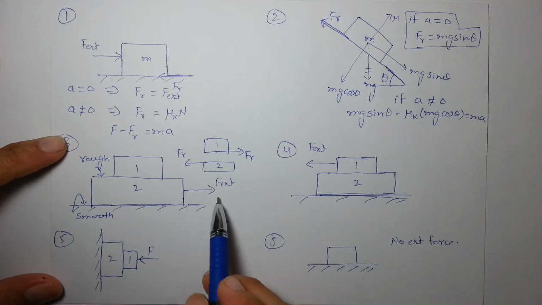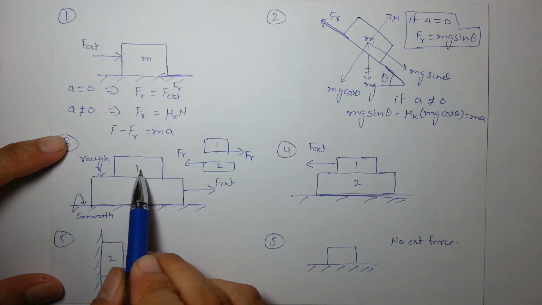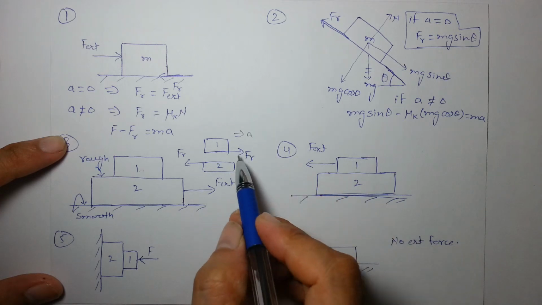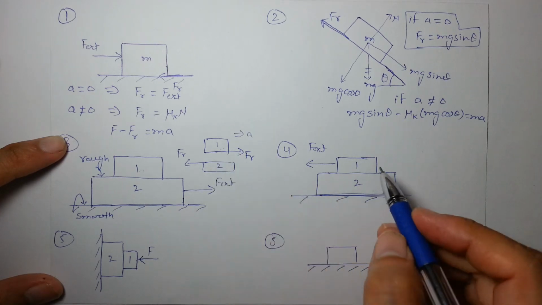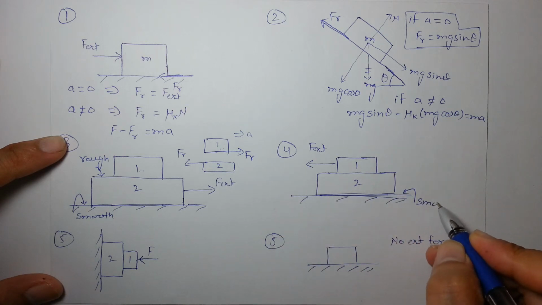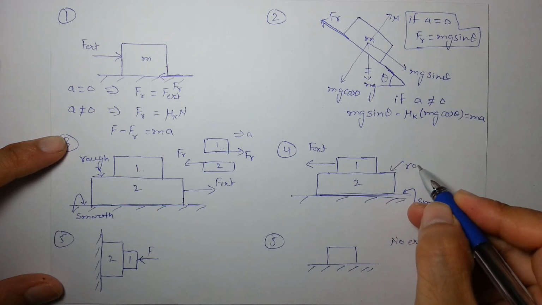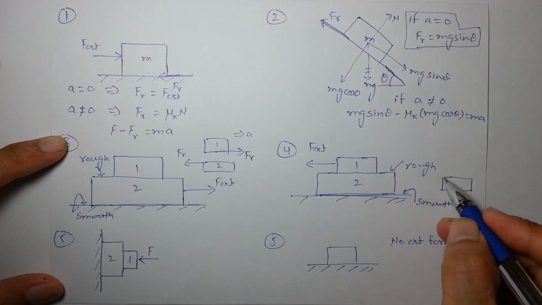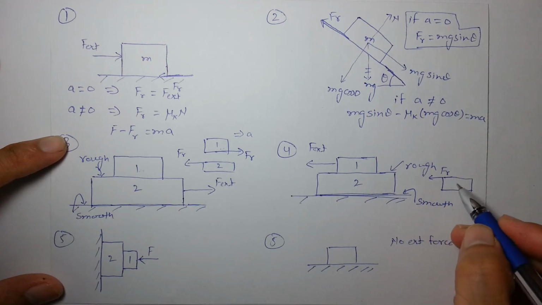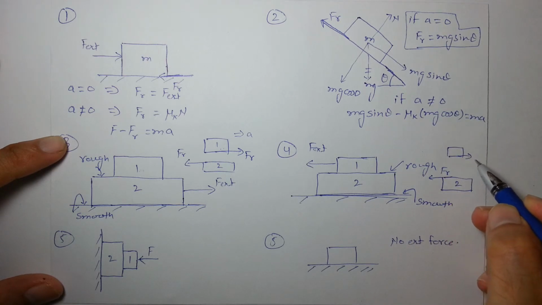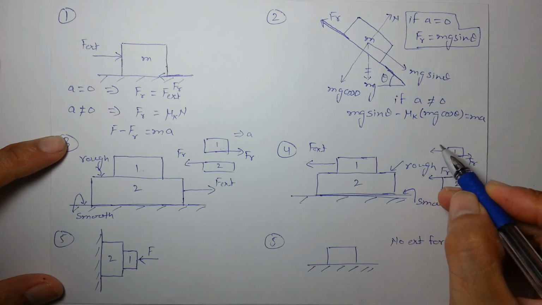The whole system is moving towards the right and there is only one force on block 1, which is friction, which can move it towards the right. So it will provide the acceleration to block 1. In this case, the whole system will move, this is again smooth and this is rough. Now friction is responsible for taking 2 along with 1. So friction will act towards the left on 2 and towards the right on block 1.